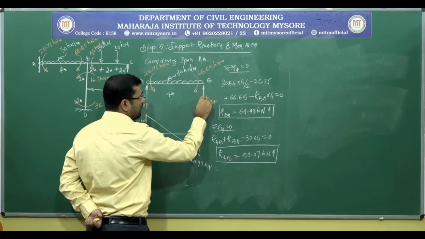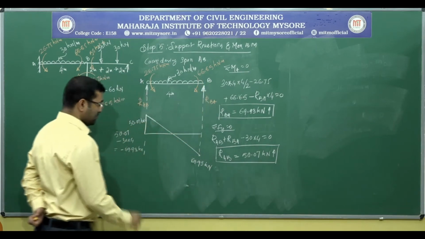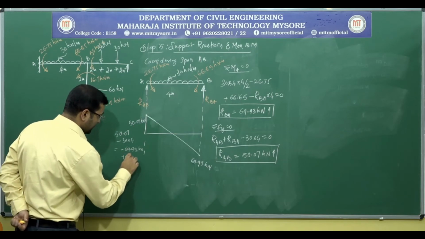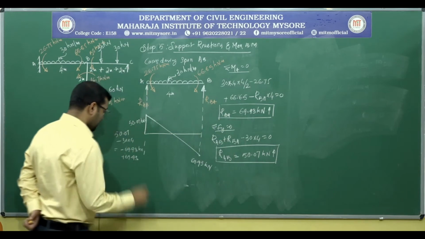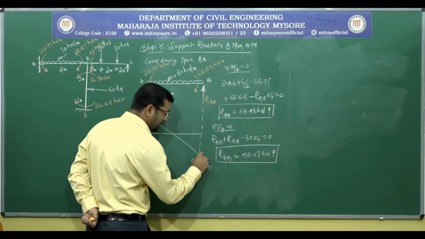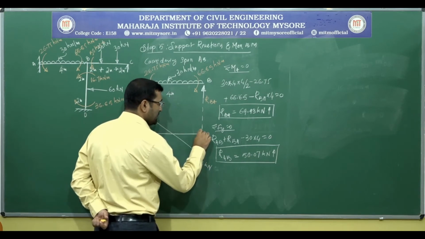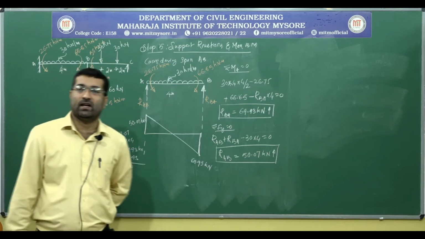But at B we have one more reacting force acting vertically upwards, so it is a positive value. So plus 69.93, because RBA is 69.93, which gives us a 0 shear force. It means I have to take this line vertically up till the 0 point. So this is the shear force diagram.